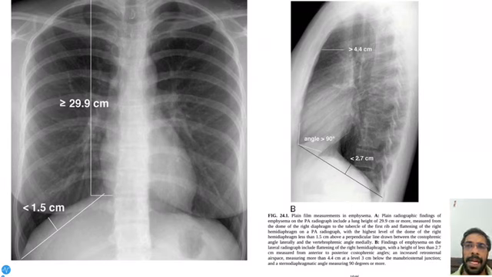Now in the lateral view, we can see that the sternodiaphragmatic angle is greater than 90 degrees. Flattening of the right diaphragm in the lateral view is less than 2.7 centimeters, and the retrosternal space is greater than 4.4 centimeters. These findings all indicate increased lung volume.